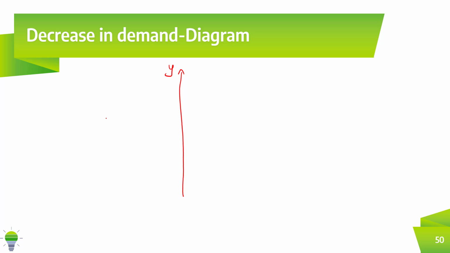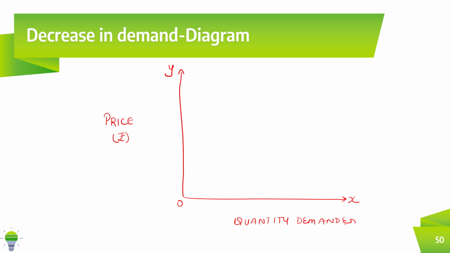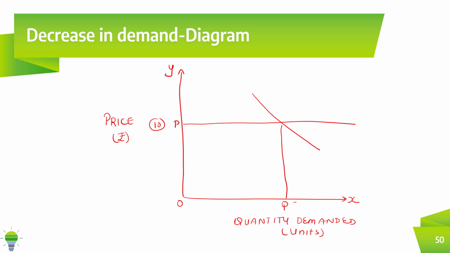This is Y. Over here I am showing price in terms of rupee. X axis, quantity demanded. The price is 10. At this price, earlier they were demanding 50 units and now they are demanding 30 units.